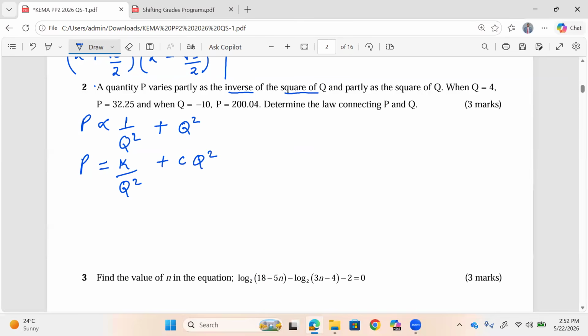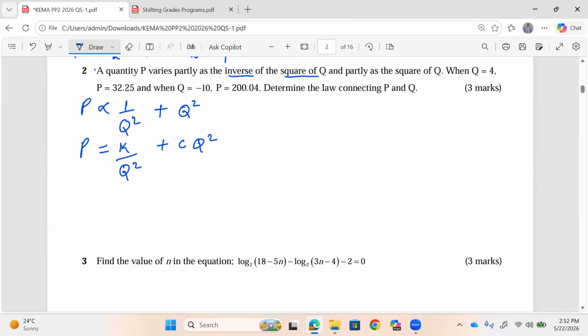So with this we can come up with two equations. Q equals 4 when P is 32.25. This is equal to K out of the square of 4, which is 16, plus C multiplied by the square of 4, which is 16. This is equation 1.